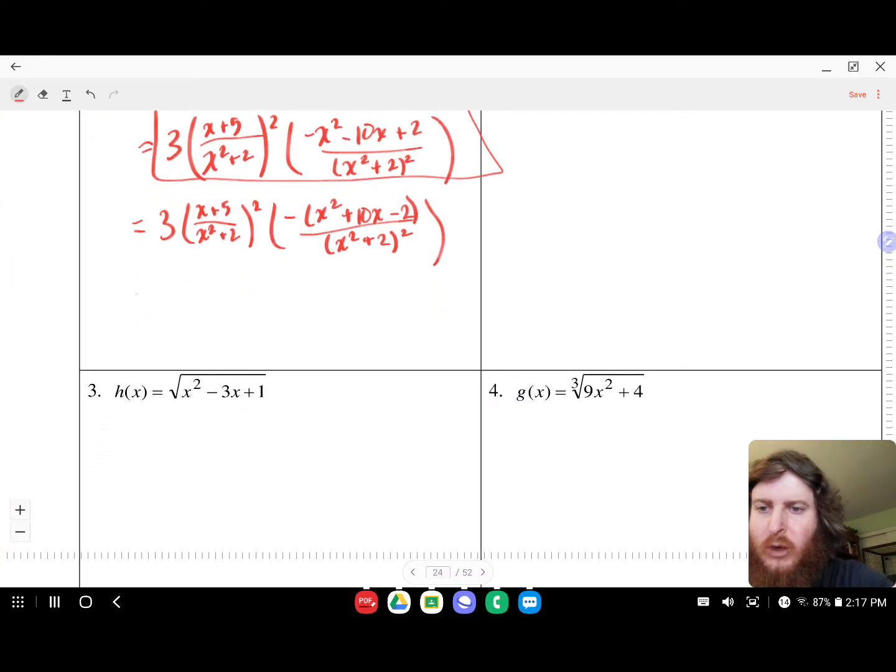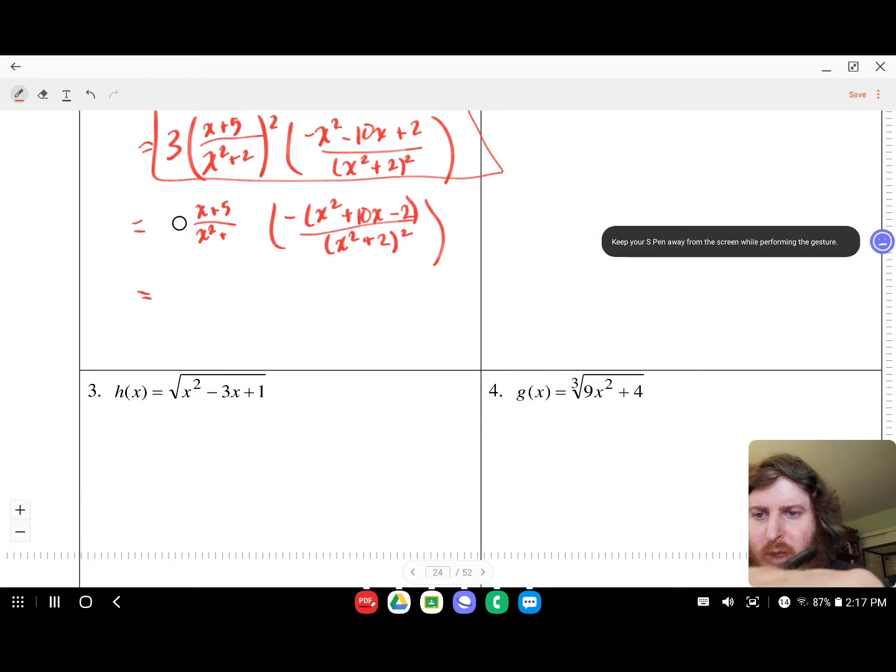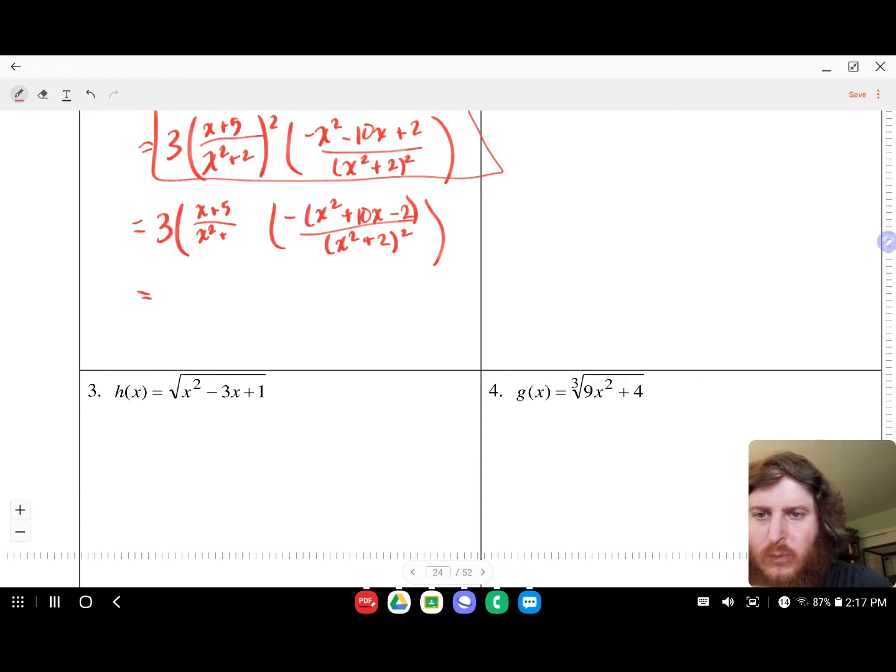And this again would be a perfect answer. But what we can also do is we can take that squared and we can distribute the squared to both the numerator and the denominator if we want to multiply across. Right, so we took the squared and it went to both the numerator and the denominator.